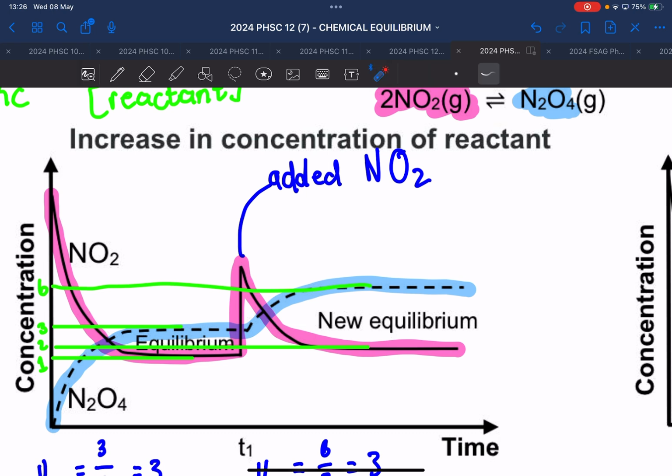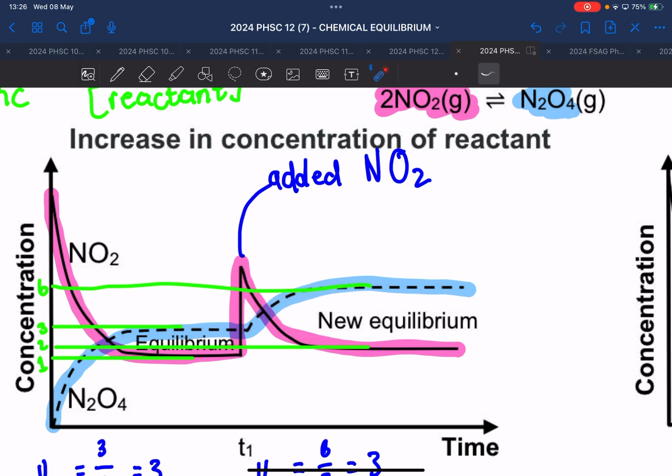We can see they increased the concentration of our reactants, and a new equilibrium is established. Increasing the concentration of the reactants increases the amount of products and decreases the amount of reactants.